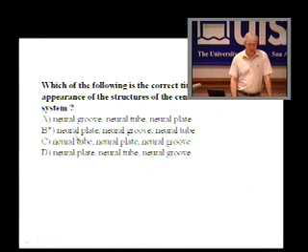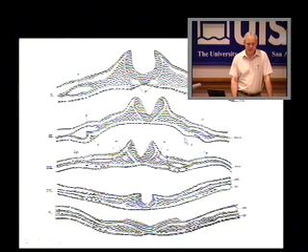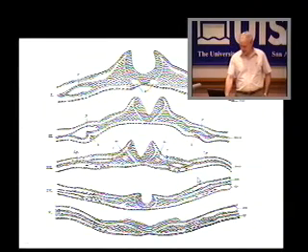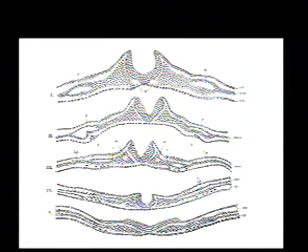So the progression, as we noted, is neural plate, neural groove, and neural tube. And we can see that in this series of cross-sections of an embryo, and it's from the same embryo, just progressing from caudal to rostral. Here, the caudalmost portion here is the most highly developed.